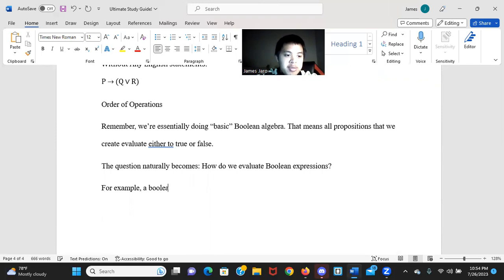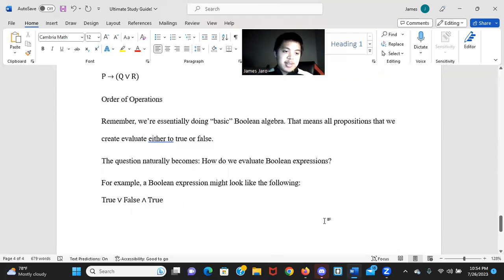So let me show you what we mean by Boolean expressions. A Boolean expression might look like the following. Don't worry about evaluating it right now, but just keep this statement in the back of your mind. So we could say the Boolean expression could look like true or false and true. We'll start with that, just to keep it nice and easy.